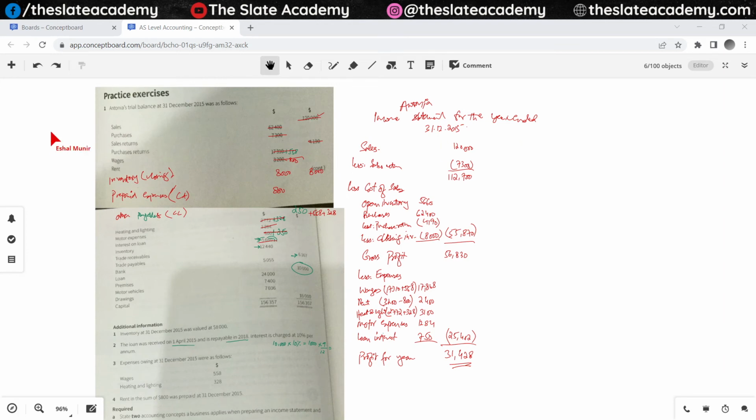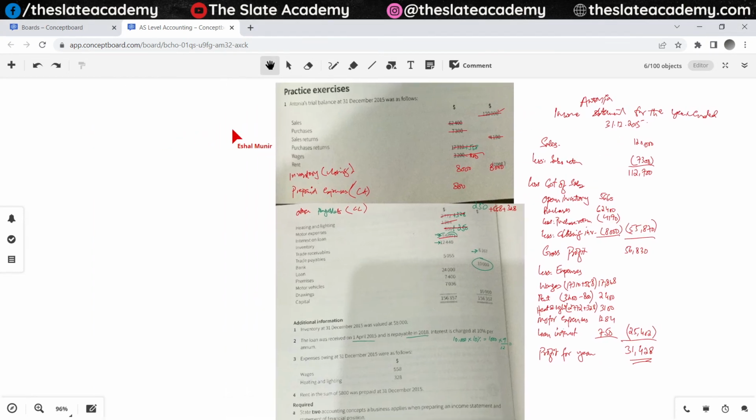Acha ji, moving forward with the statement of financial position. I would write the name of the business, or let me prepare on the other side.